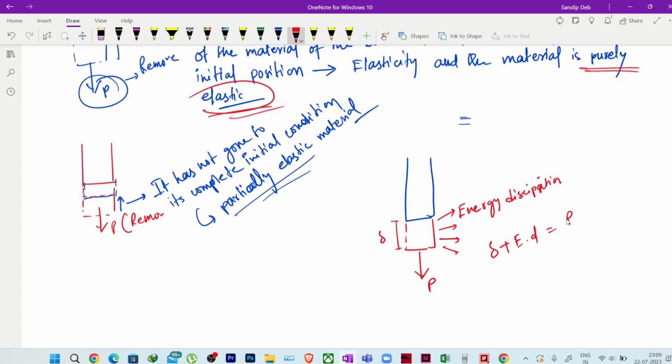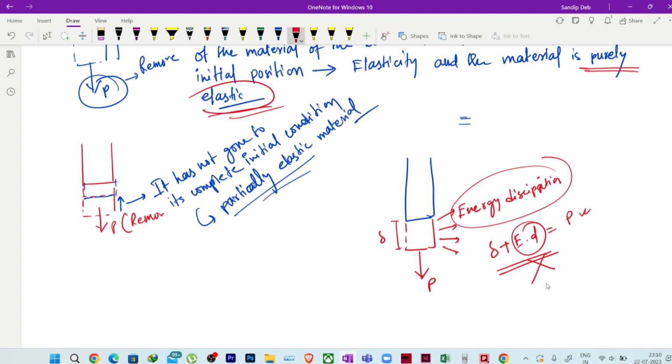Correct? So when this energy has already dissipated, you cannot gain energy again. If you remove this P, the energy is not gained back. So as the energy is not gained, you cannot make it equal, because this P is equal to the combination of these two.